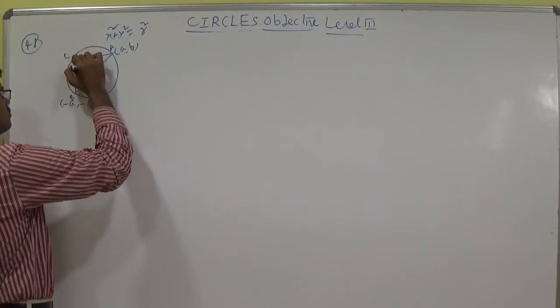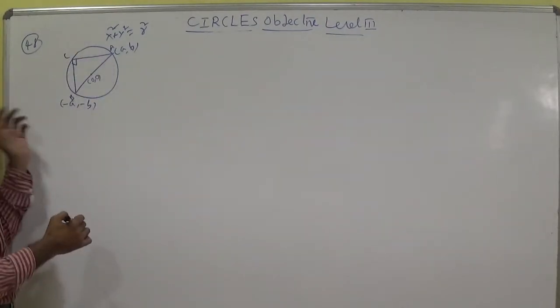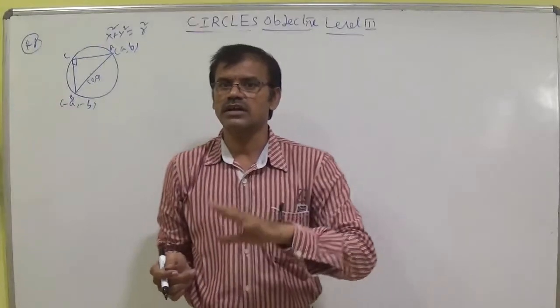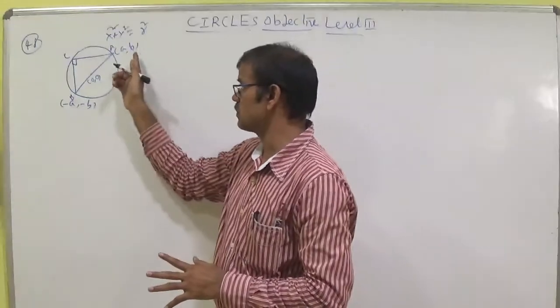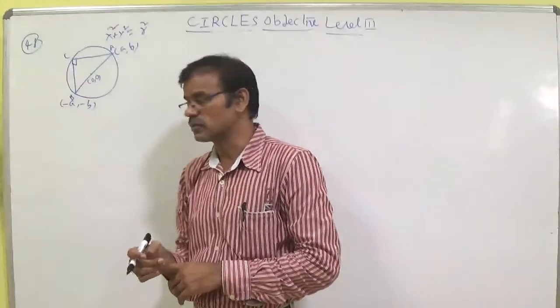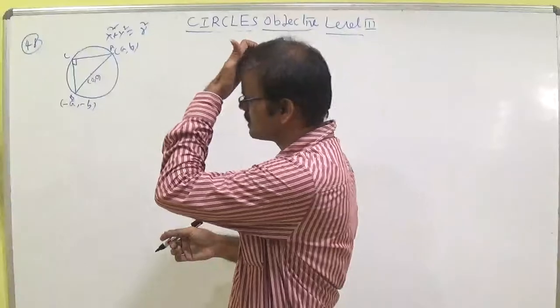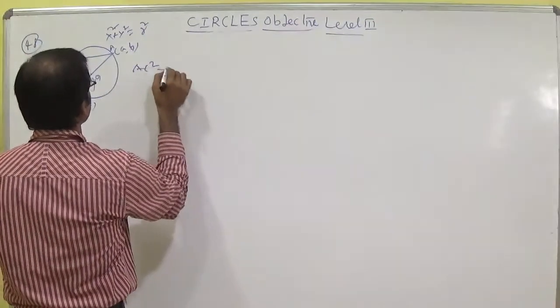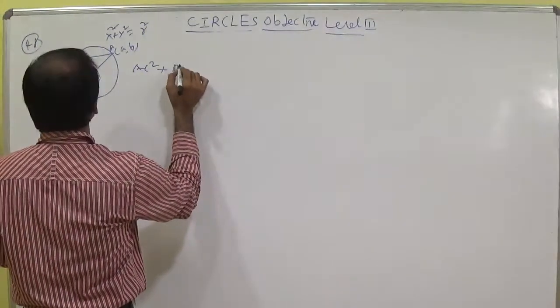Here AB, and this is 90 degrees. We should calculate C, not B, because he is asking only for the vertex, not the end points of the hypotenuse. This is one hypotenuse end point he gave, this is the other end of the hypotenuse. Now we discuss C. Now let us use the formula AC square plus BC.